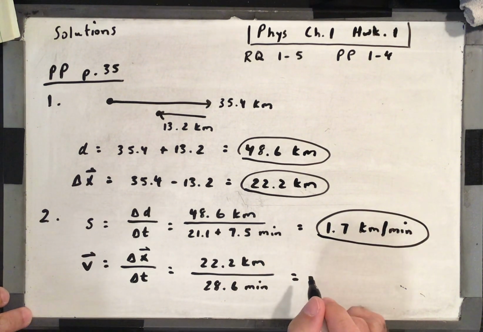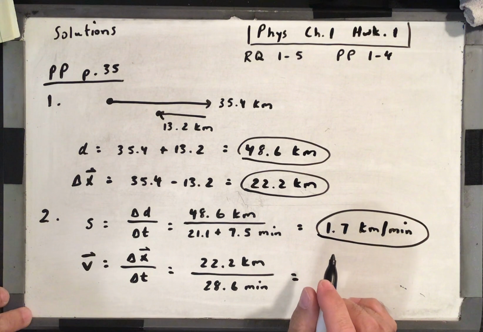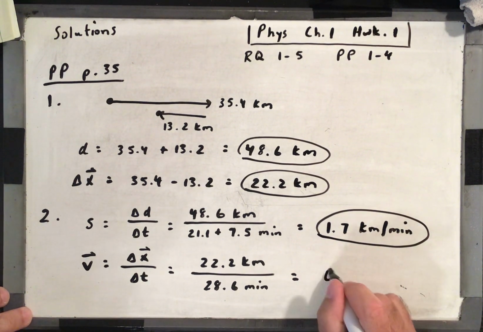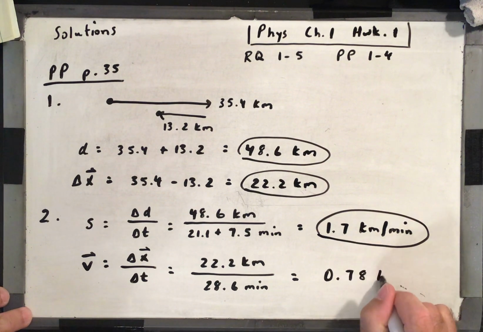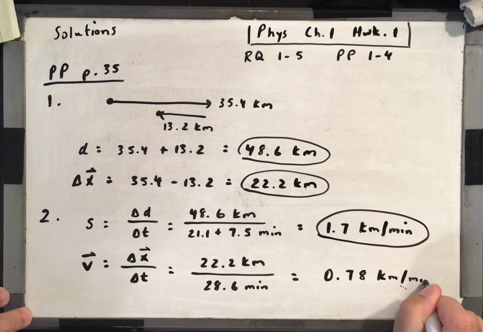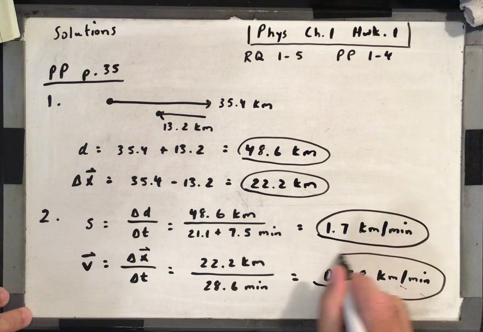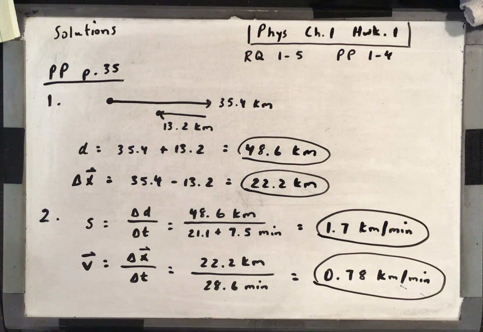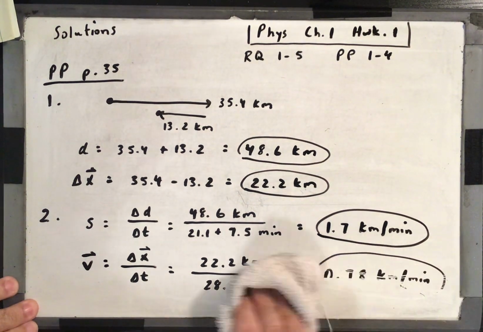So your calculator, your trusty calculator, will tell you that's 0.78 kilometers per minute. All right, look at us go. Okay, so we'll erase this and keep moving.